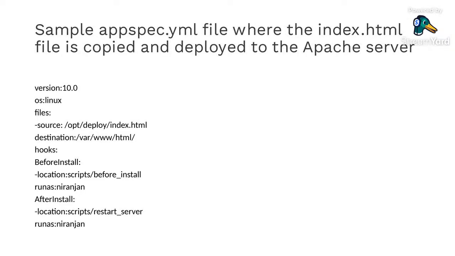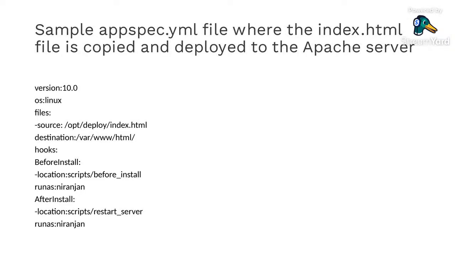Then, before install, I want to perform some action. Who will run this action? Whoever the user is, he must have the proper permission as per IAM to perform the action.